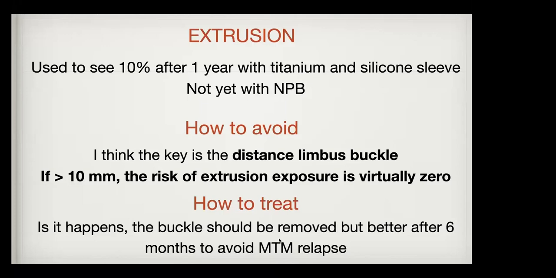If you really have to remove the buccal for extrusion, which usually happens after 6 months, I suggest to wait at least 6 months, because if you remove the buccal before 6 months, MTM will relapse.